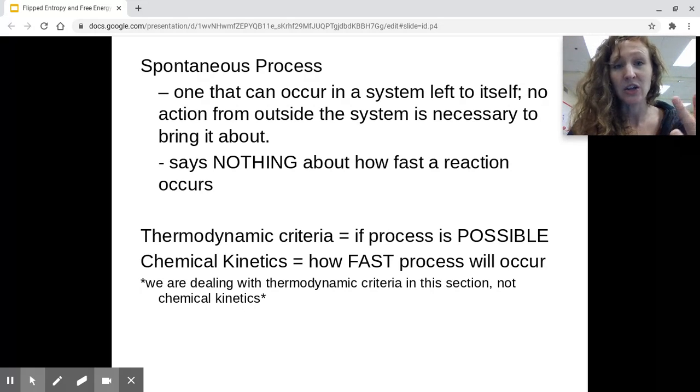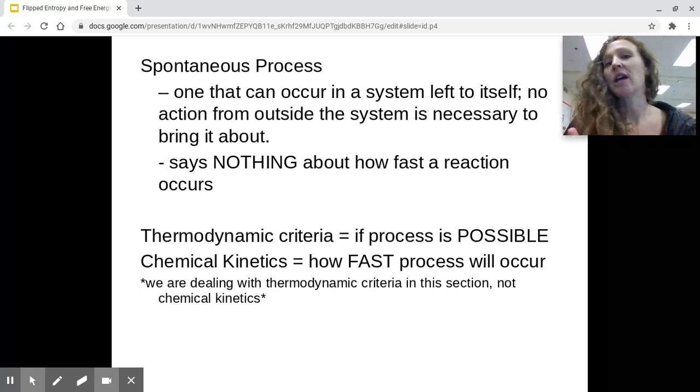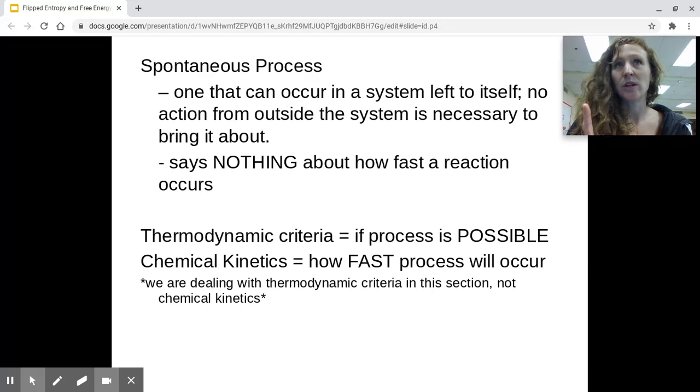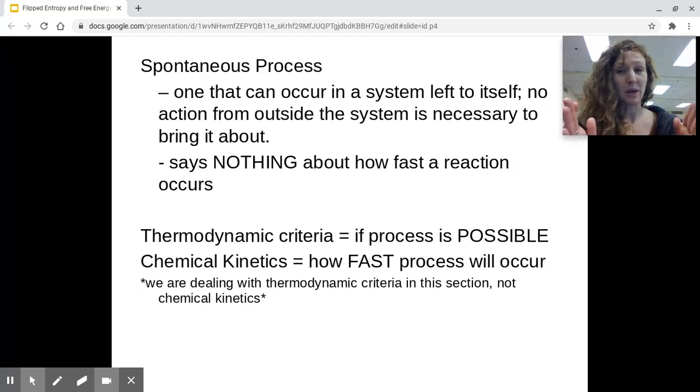So enthalpy, entropy, and free energy are called thermodynamic criteria. And those 3 together are going to be able to tell you if a reaction occurs, but they do not tell you anything about the speed. The speed of a reaction, how fast a reaction occurs, is going to be considered in our chapter on kinetics. And they are very separate chapters.